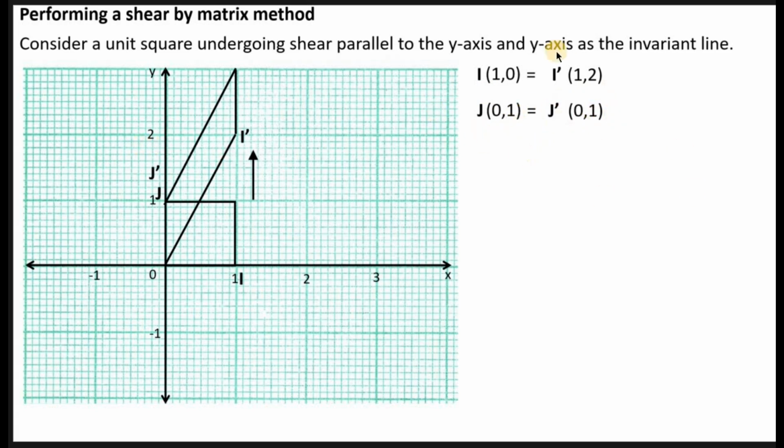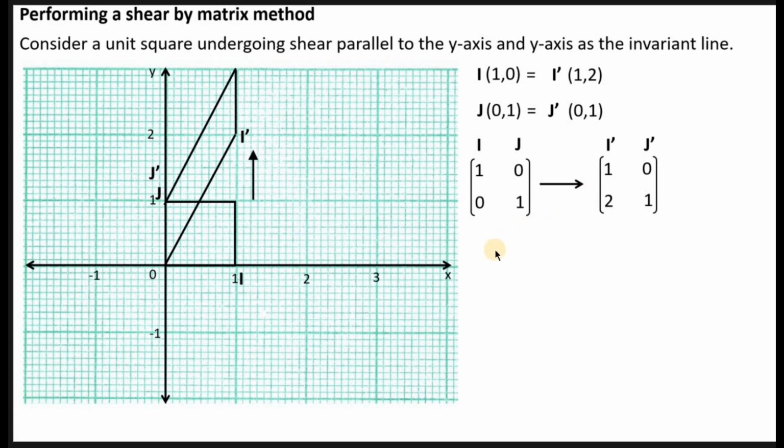Then again putting this into matrix form, the object points are I (1, 0) and J (0, 1). This produces the image: I prime is going to be (1, 2), then J will be (0, 1), like that.